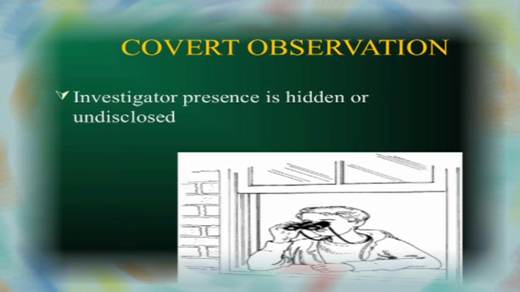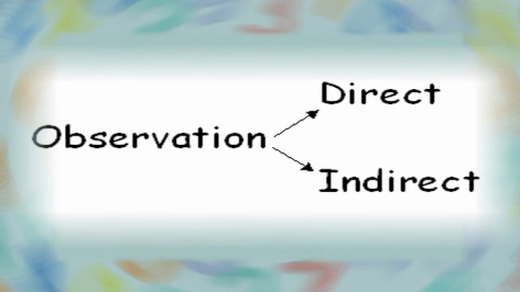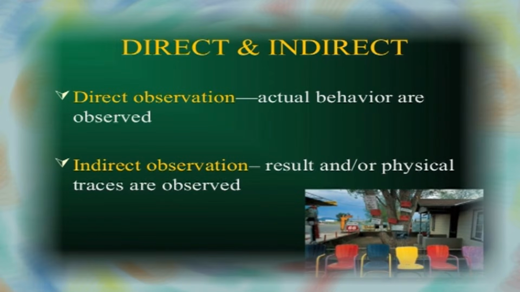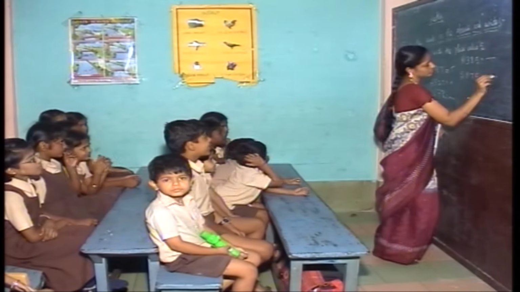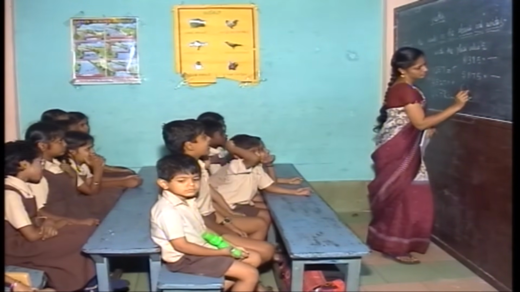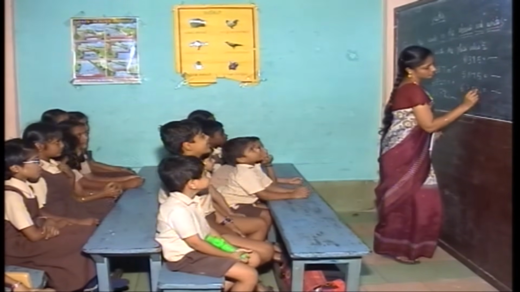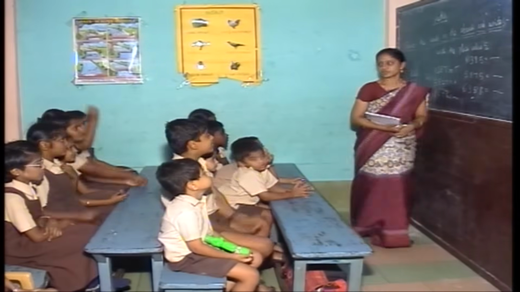So, how are we going to do the observations? They can be direct or indirect. Direct observation is when you watch interactions, processes or behaviors as they occur. For example, observing a teacher teaching a lesson from a written curriculum to determine whether they are delivering it correctly.